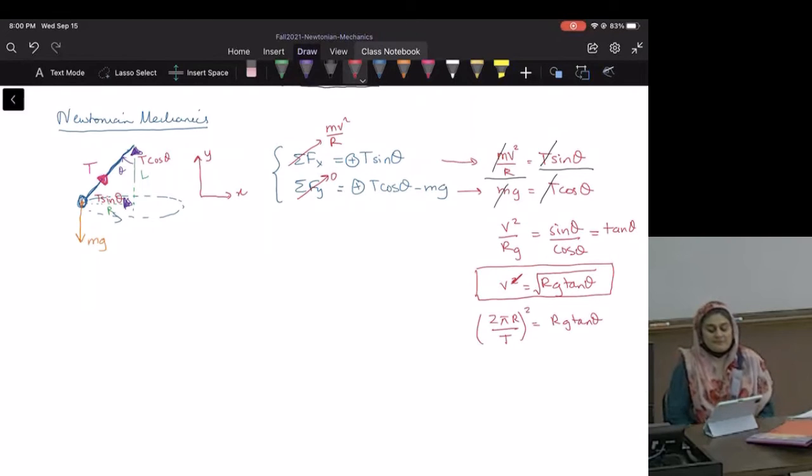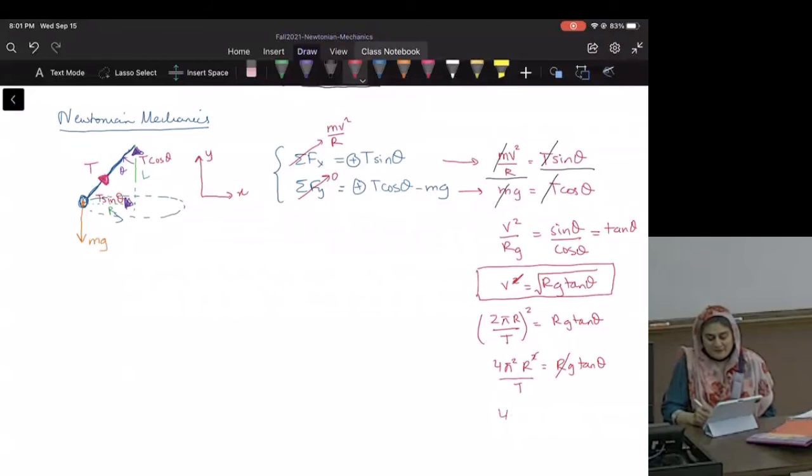Can I square it, both sides? You see how v becomes 2 pi r over T? Can I rewrite this as 4 pi squared r squared over T squared equals rg tangent theta? R goes away? Yes?